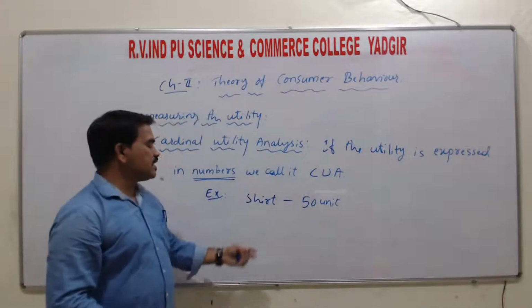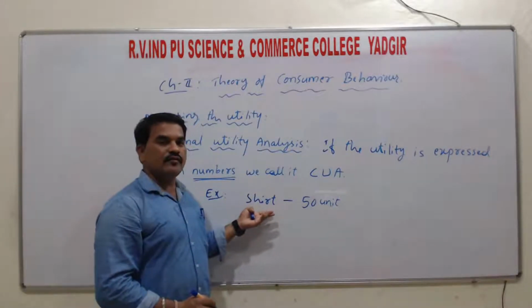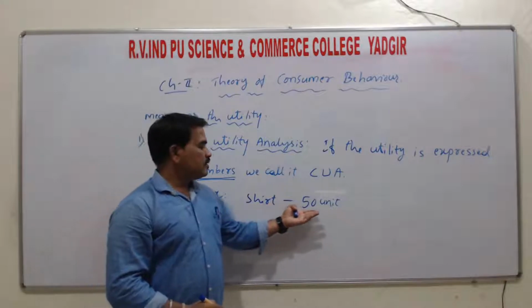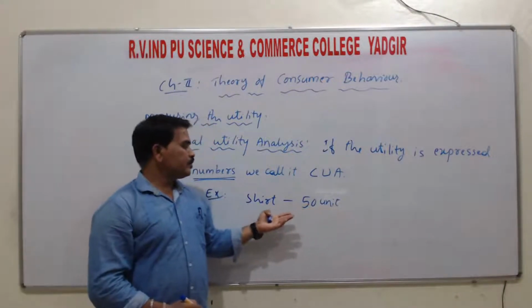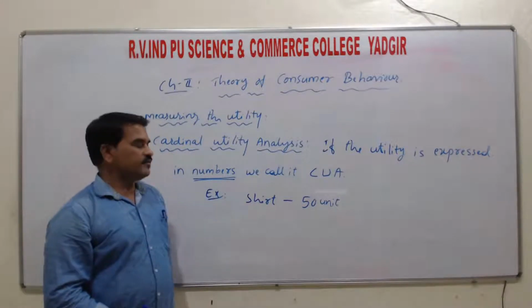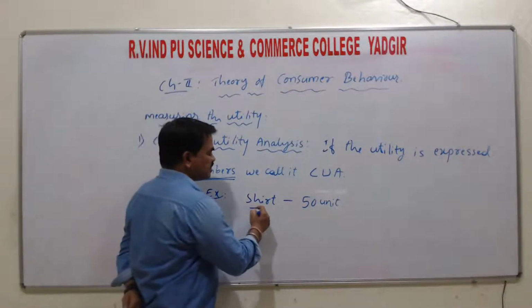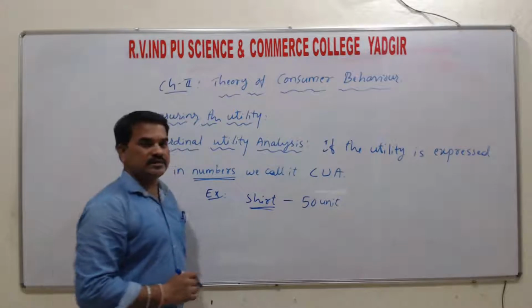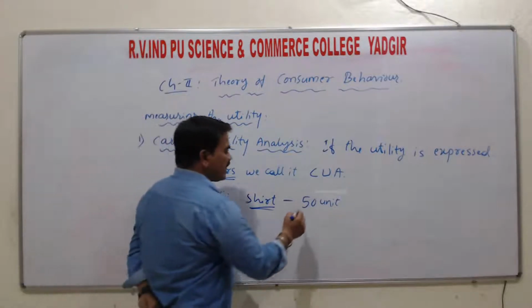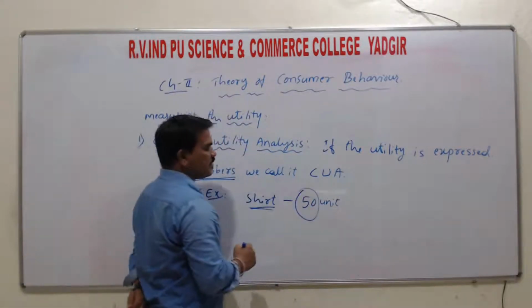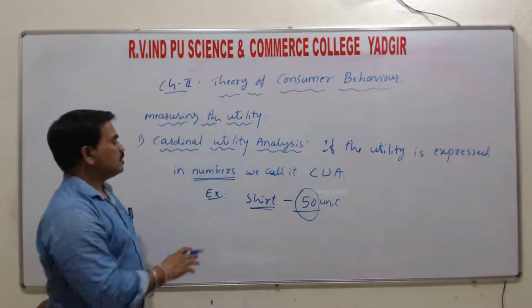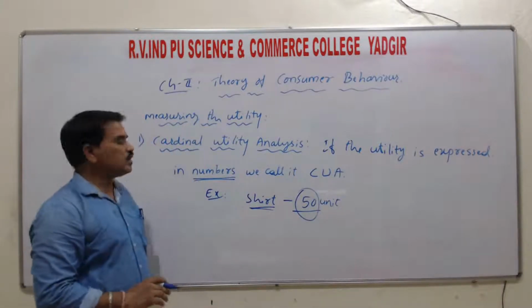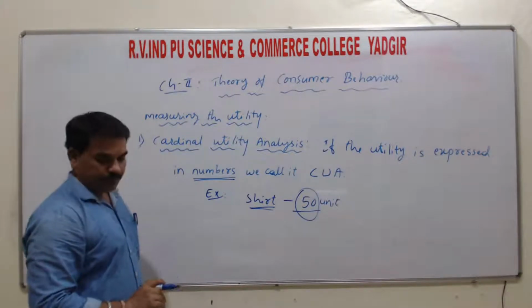So, I am trying to measure the satisfaction level of buying a new shirt in terms of numbers. So 50 units, it gives me a satisfaction of 50 units. So when we specify numbers, we are trying to measure using the cardinal method.